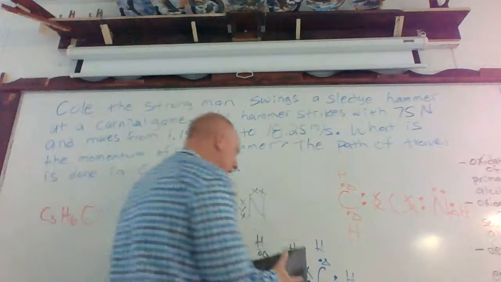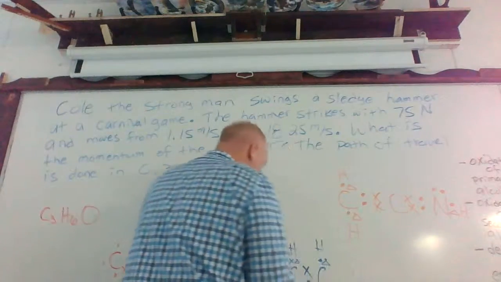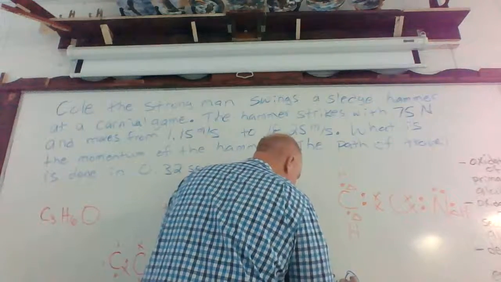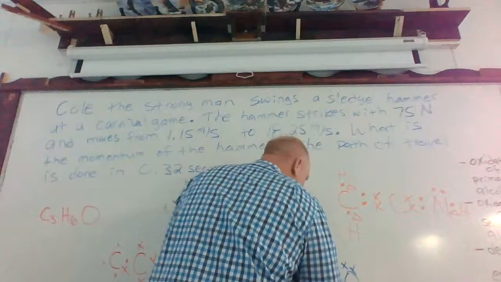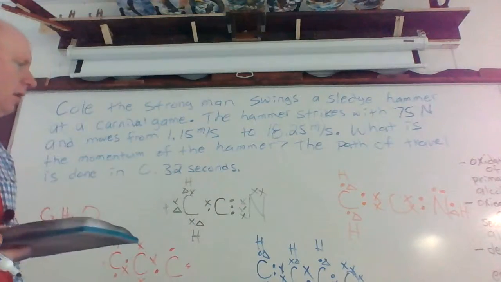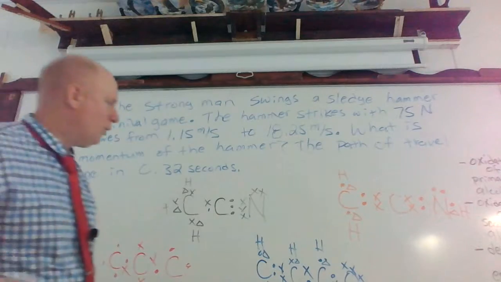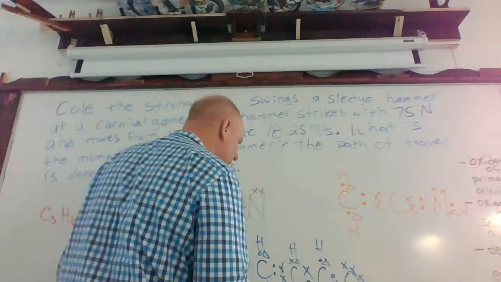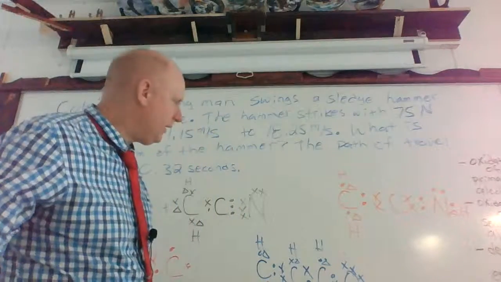Just when I think I've got this done. Okay. So this dot is for that carbon. Well, let's make a bond there. 1, 2, 3, 4, 5, 6. Okay. We're one short, aren't we? So that's not it.